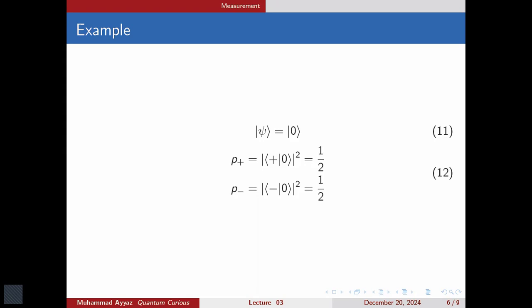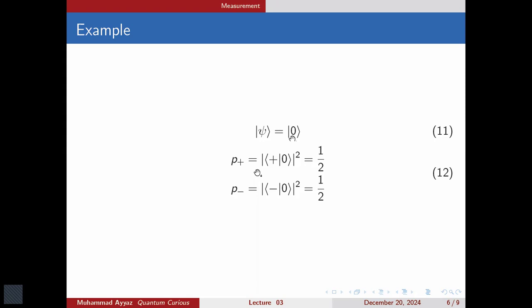So we had state psi, and it is a zero state, and our goal is to find how much plus state and minus state it is in. We could calculate the overlap of the given state with the plus and minus state, and taking the modulus square of that overlap, we could get the probabilities associated with that outcome.